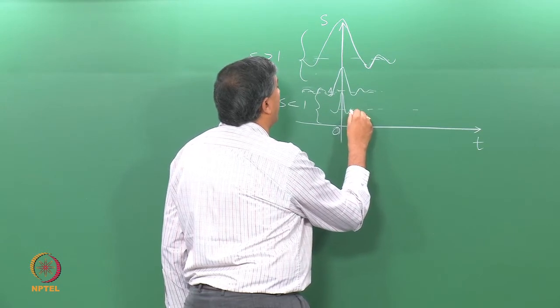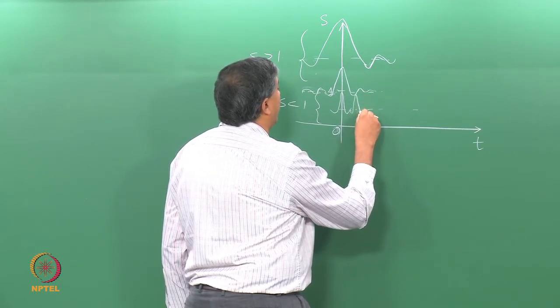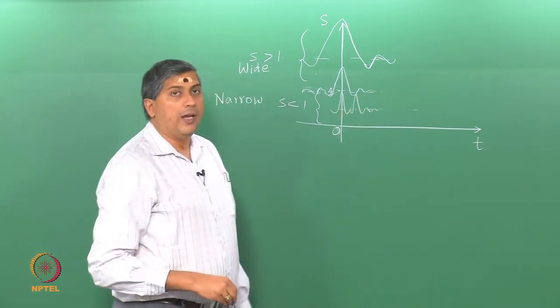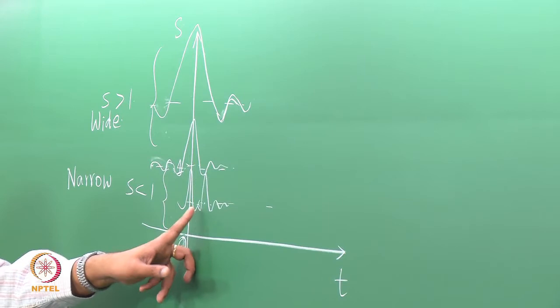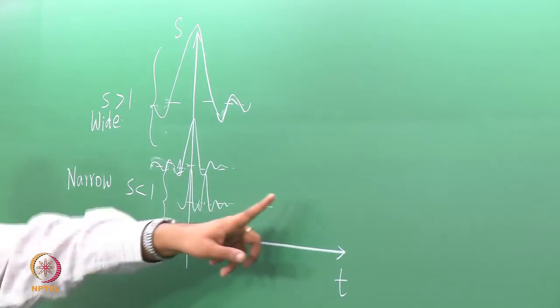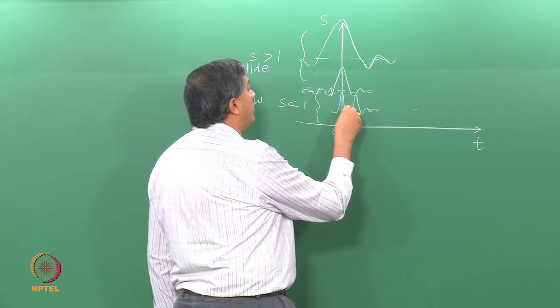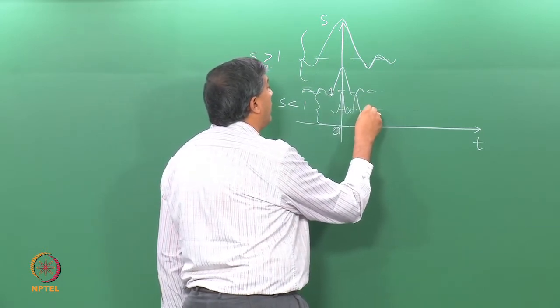For a certain choice of a naught and b naught, I would generate non-overlapping wavelet windows. It is possible that in DWT also these wavelets can overlap. So, my next center would be here.